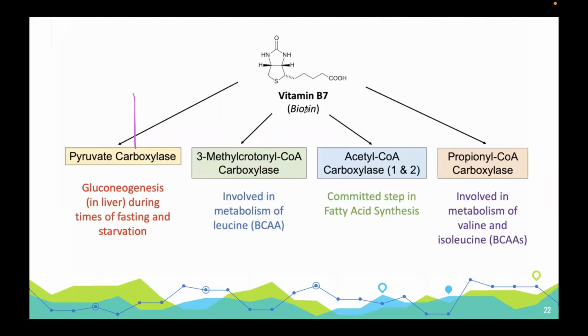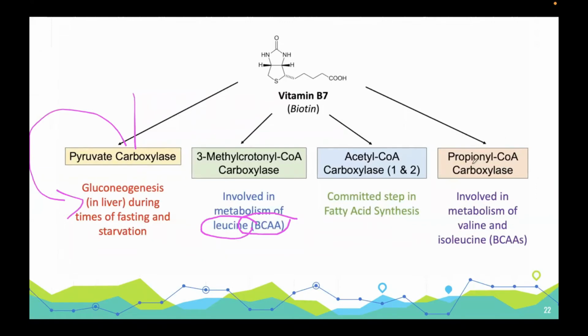Okay, so for the vitamin B7 biotin, it can serve as a cofactor for the enzyme pyruvate carboxylase that mainly reacts on your gluconeogenesis. Also for the 3-methylcrotonyl-CoA carboxylase involved in the branch chain amino acid metabolism of the leucine, to be particular. Next, it acts upon your acetyl-CoA carboxylase 1 and 2, and it is involved in the committed step in the fatty acid synthesis, and then your propionyl-CoA carboxylase.